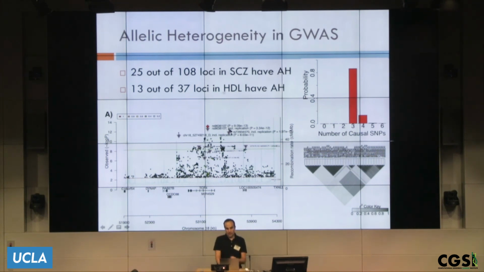Out of the 108, remember for a while there was this famous 108 loci in schizophrenia, 25 of them had allelic heterogeneity, so basically a third. But really, as the sample sizes get larger and larger, you have allelic heterogeneity everywhere. So what we found is that almost everywhere we looked, there's more than one causal SNP in virtually every locus, and it's just a limit of sample size.